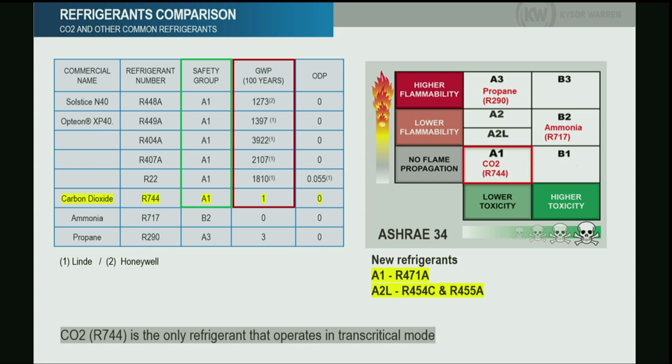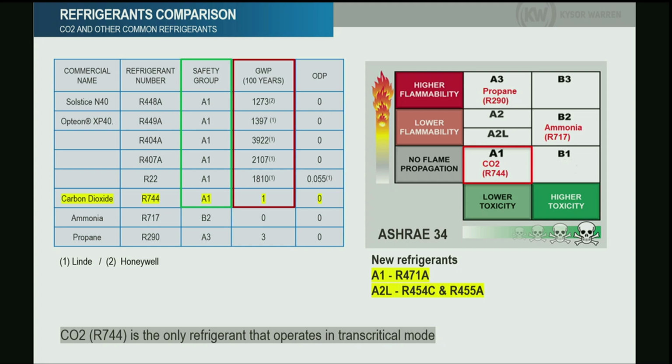CO2 has a GWP of 1. All of those other refrigerants have a GWP of more than 1,000. The new A2Ls or HFOs are about 150, and they fall into the new classification that complies. But again, they are related to PFAS, so they may not be commercially available right now, or there may be some restrictions on how we can use those refrigerants.